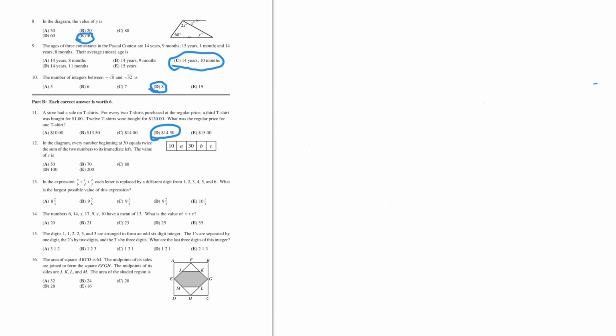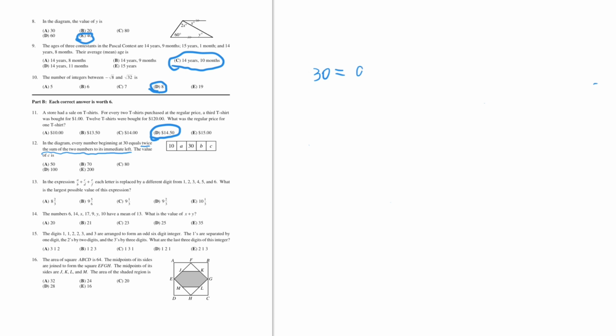Number 12. In the diagram, every number beginning at 30 equals twice the sum of the 2 numbers immediately to its left. The value of C is? So from 30, it equals the sum of the previous numbers times 2.